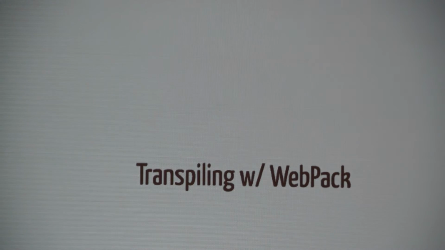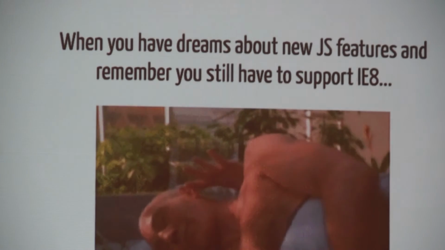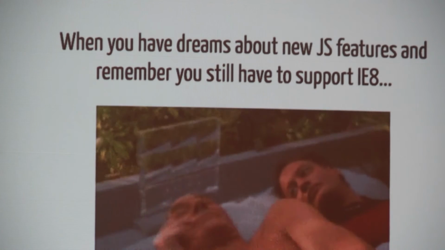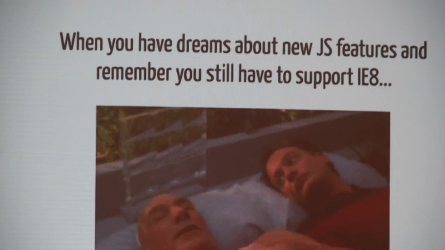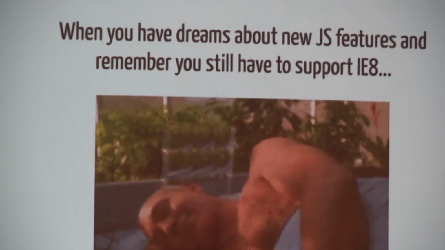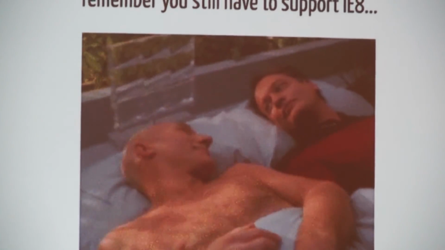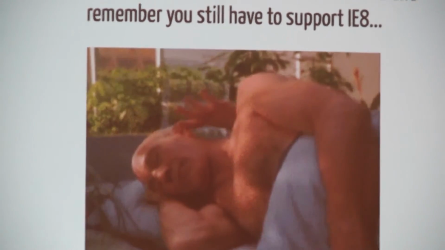Transpiling though with Webpack, I think, is probably the biggest benefit. We already briefly talked about Babel. So you may be in a position at a company where you're stuck in IE8 land, right? How many people are still on IE8? Yep, see, right? And you guys are like, I can't do any of this ES6 stuff, you young yippersnappers, because I have to support IE6.